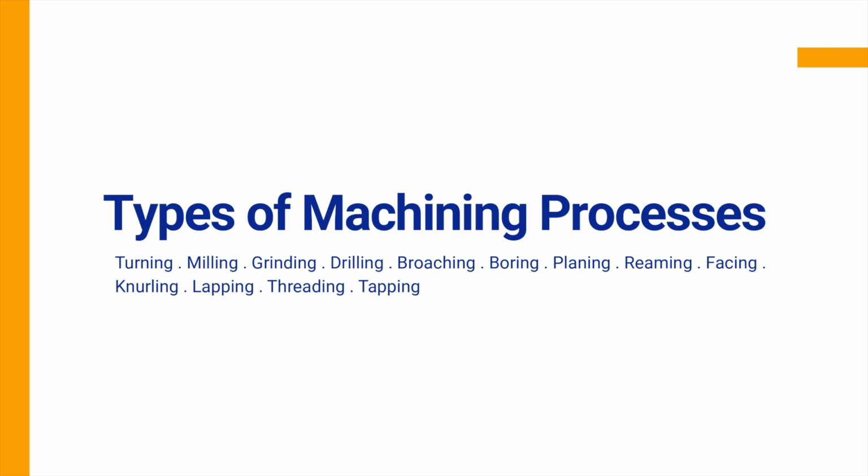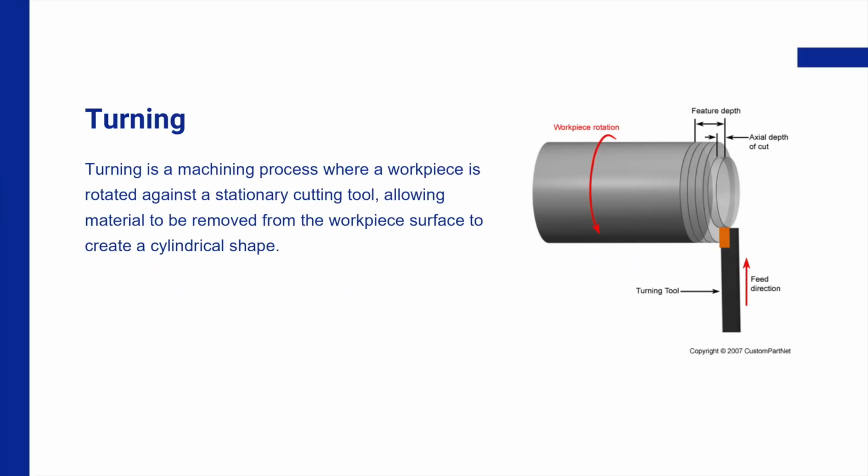Now we will go to the first machining process, which is turning. What is turning? This process is usually performed on a lathe machine. In turning, the workpiece rotates while the cutting tool stays in one position and removes material from the outer surface.